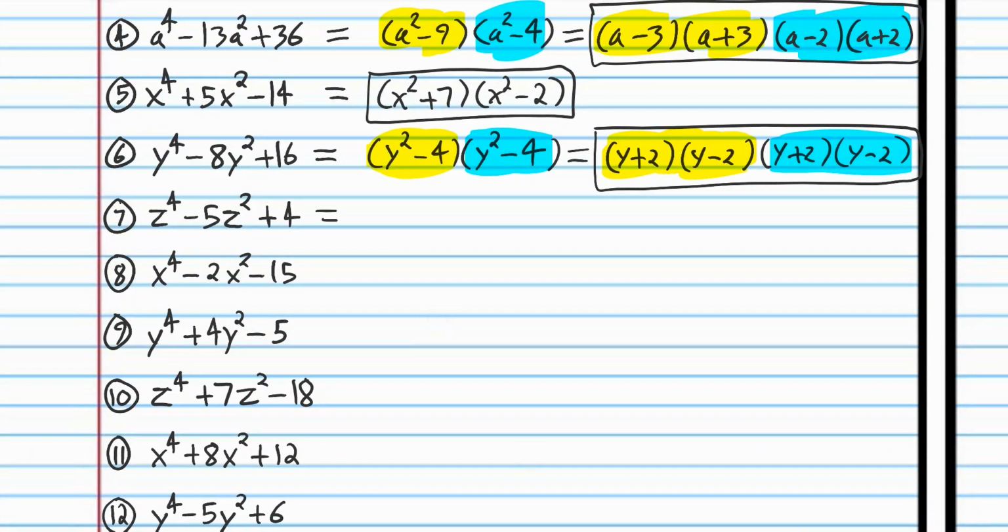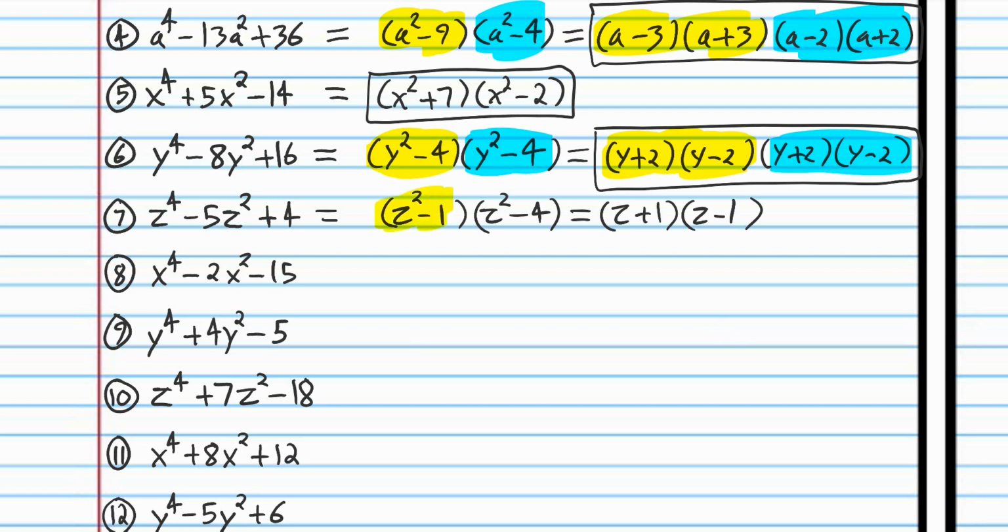All right, we're back. And let's see, that would be negative 1 and negative 4. So it looks like both of these factors can be factored more. So that's going to be z plus 1 and z minus 1.